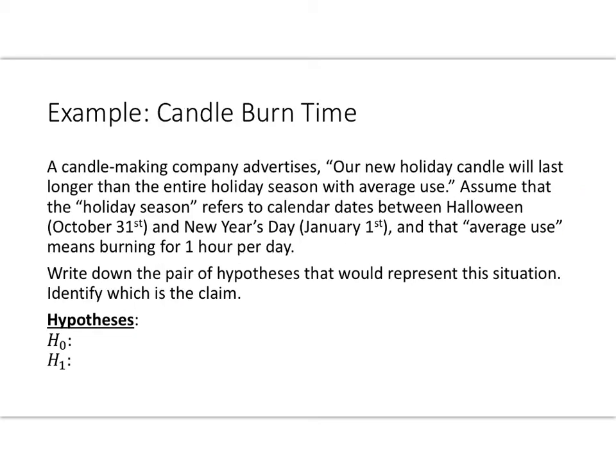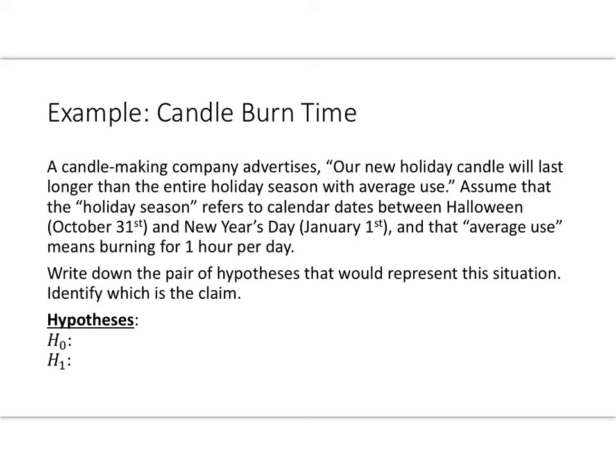A candle making company advertises a new holiday candle that will last longer than the entire holiday season with average use. And we're going to assume that holiday season refers to the calendar dates between Halloween, which is October the 31st, and New Year's Day, January 1st. And that average use means to burn for 1 hour per day.